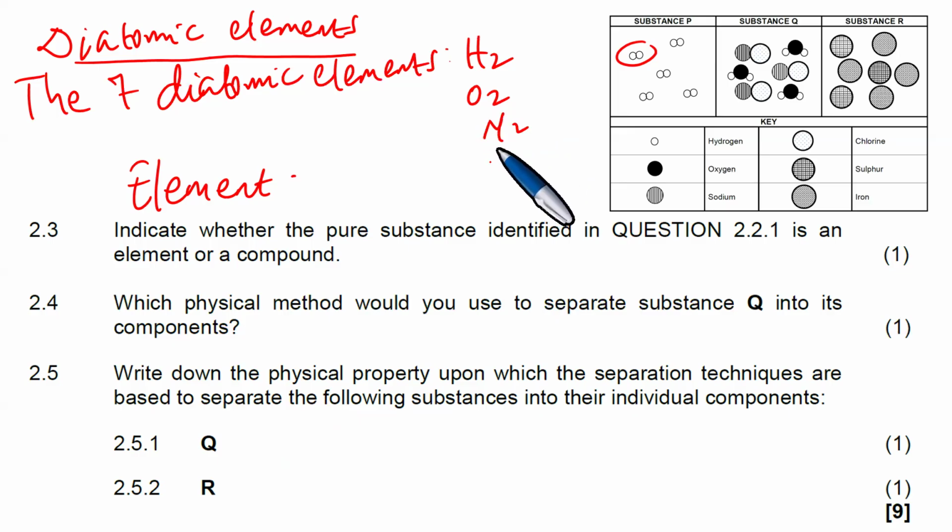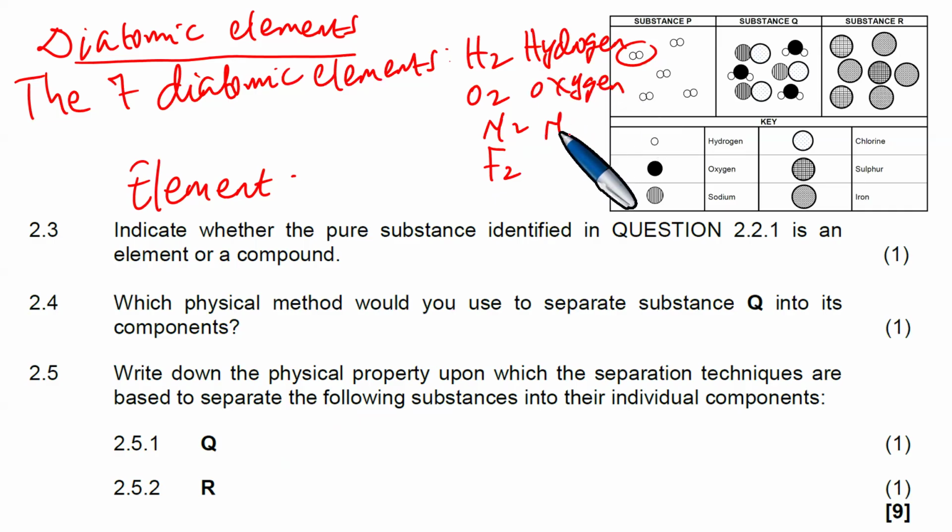It is also fluorine. So this will be hydrogen, and this will be oxygen. This is nitrogen, and this one is, for example, fluorine.